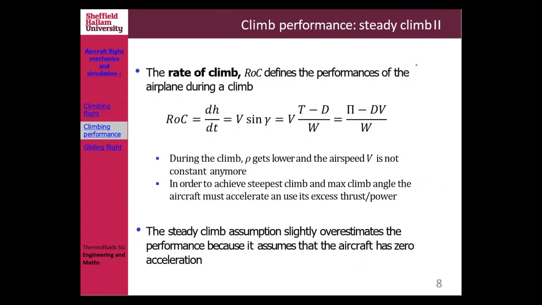We have looked at this already, the rate of climb during steady climb, which is dh/dt, simply V sine gamma, the vertical component of your velocity, which is equal to V times (T minus D) divided by W. And if you know that T multiplied by V is power, then it's power available minus drag multiplied by velocity, divided by weight, right?